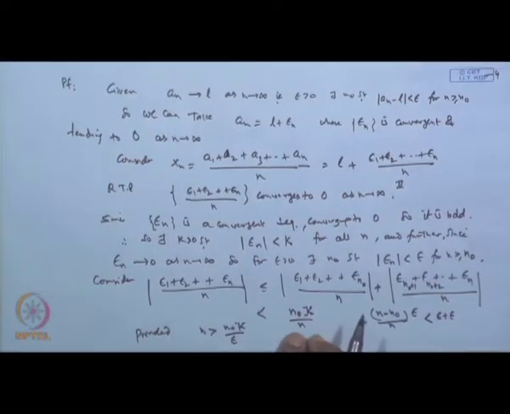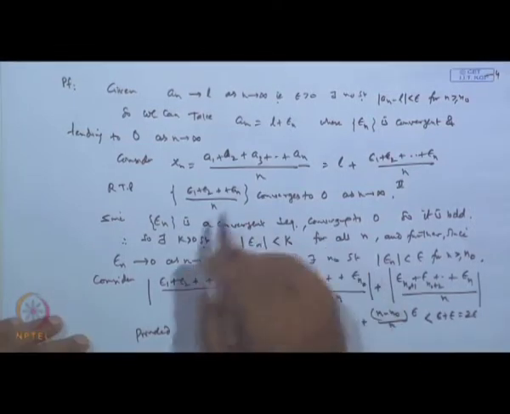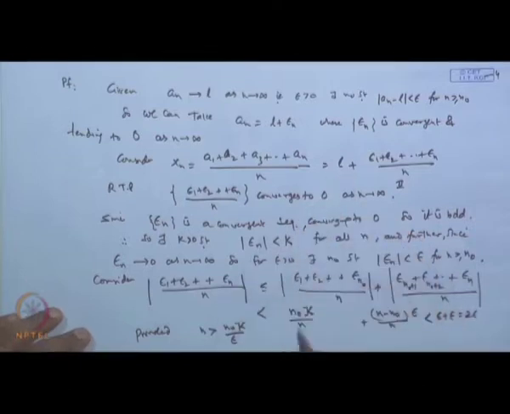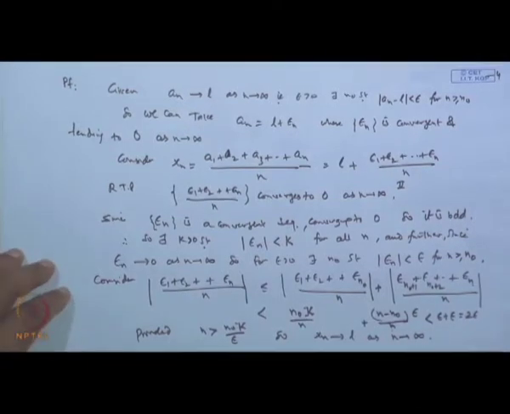If I take n to be greater than this, then this part is less than epsilon, and this is less than 1, so this is already less than epsilon. So, the total is less than 2 epsilon. So, this part, when n is sufficiently large, goes to 0. Then once it goes to 0, this sequence x n will go to L as n tends to infinity. Is it okay? That is right.